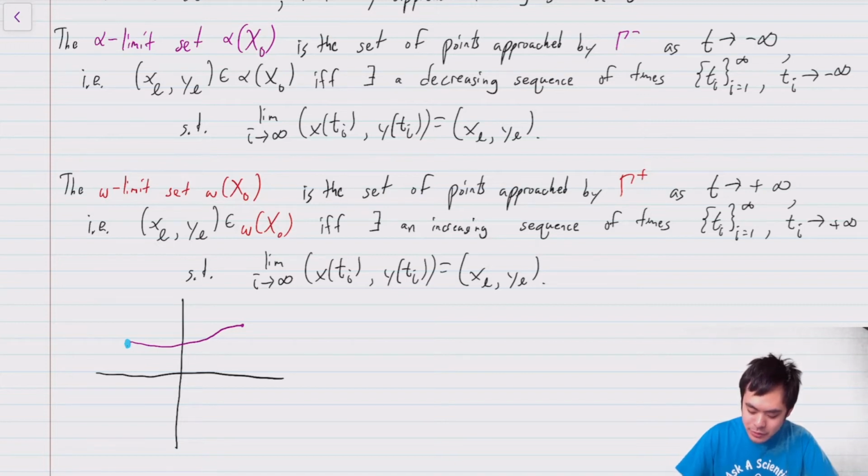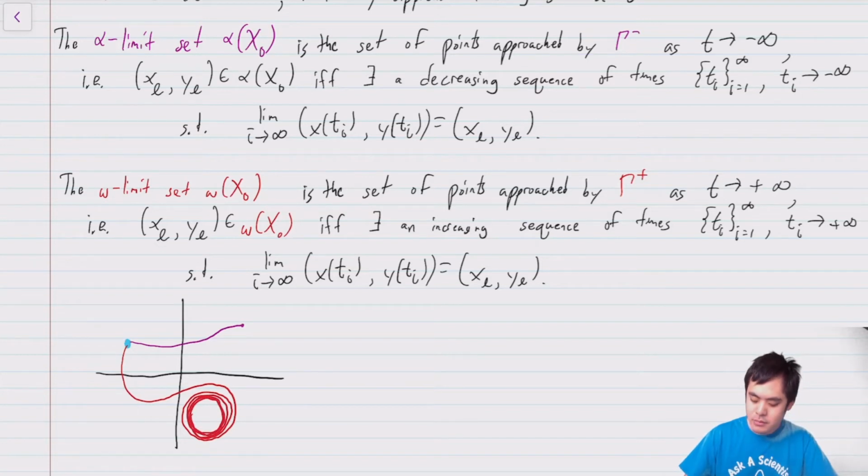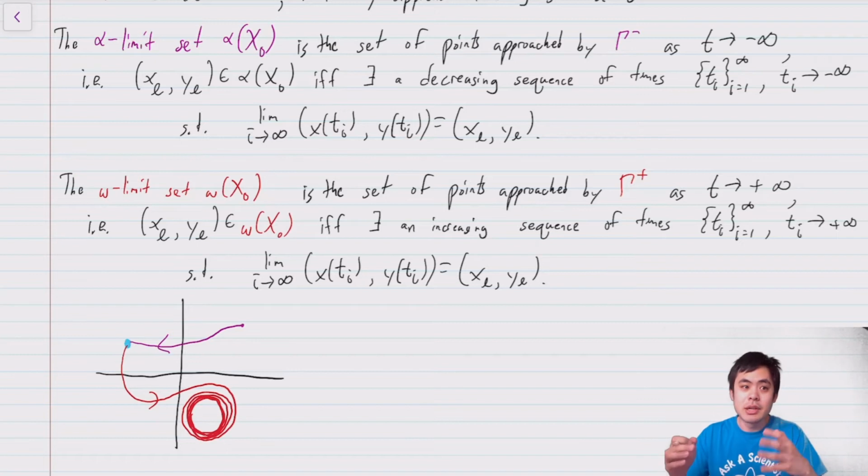And maybe in the positive direction, instead of approaching an equilibrium, it approaches a periodic solution. So sometimes the limits are single points, sometimes they're entire sets of points, sometimes those sets include a periodic solution, sometimes they include equilibria.